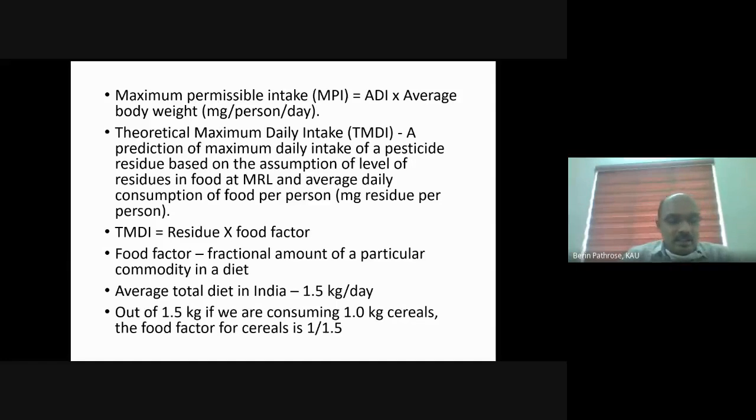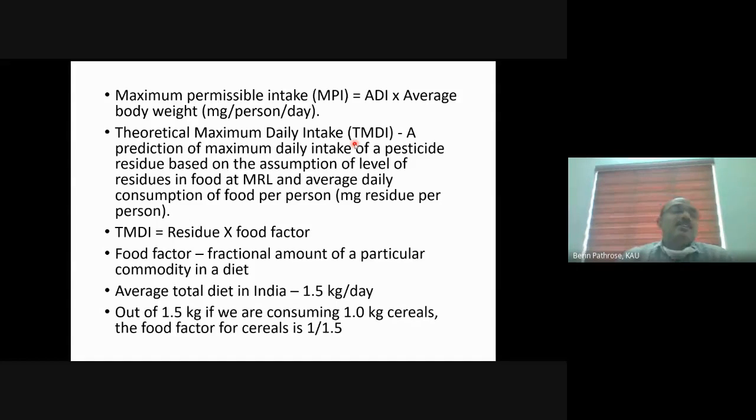Shiga was telling that she has consumed an apple and it had residues above MRL, and she fears that she will get some adverse health impact because of consumption of pesticide. We will check how we calculate the dietary risk assessment.